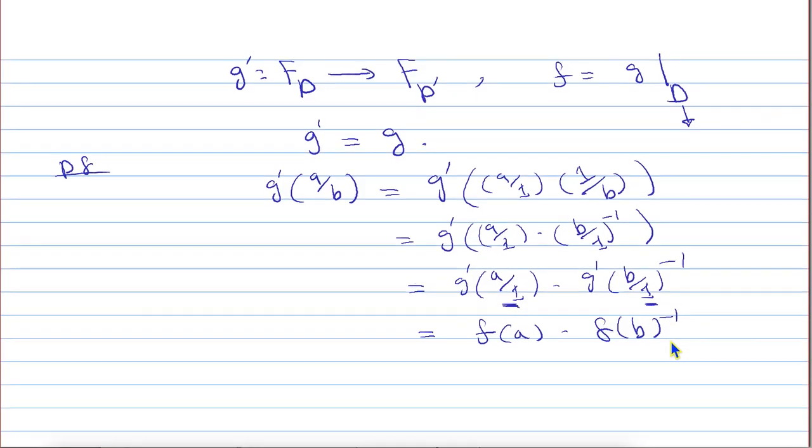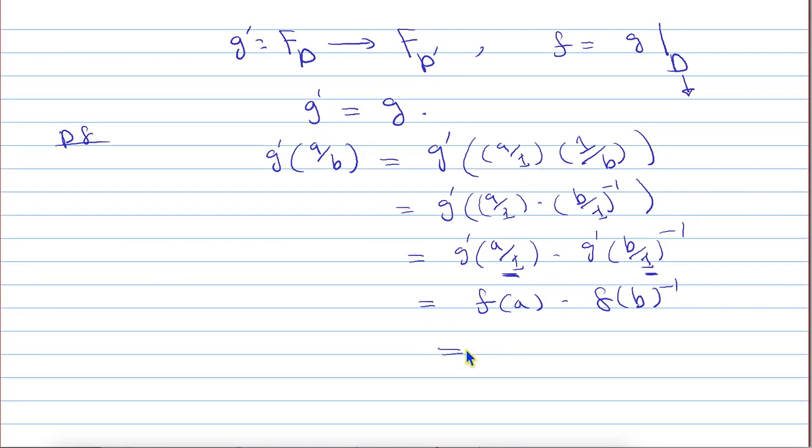Okay, and of course this equals G of A over B according to our definition, which implies that G prime equals G, and therefore there is a unique extension of f to an isomorphism from F sub D to F sub D prime, completing the proof of this theorem.